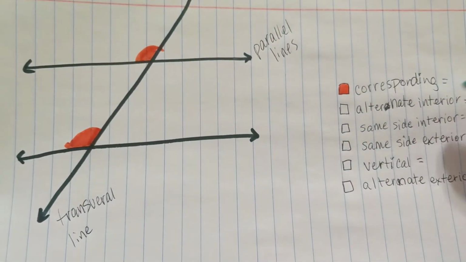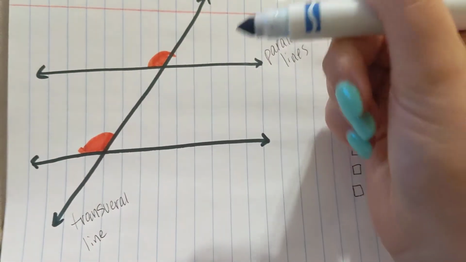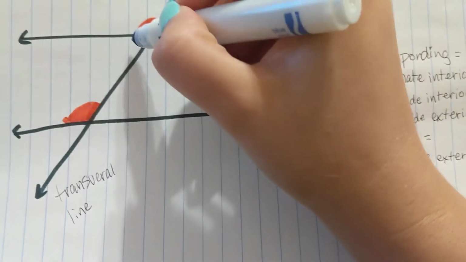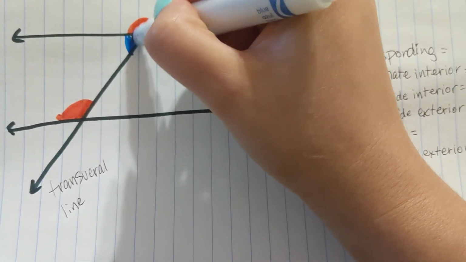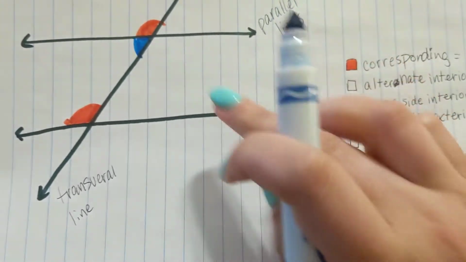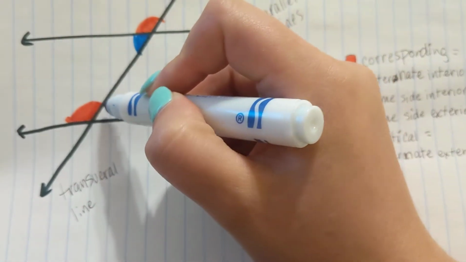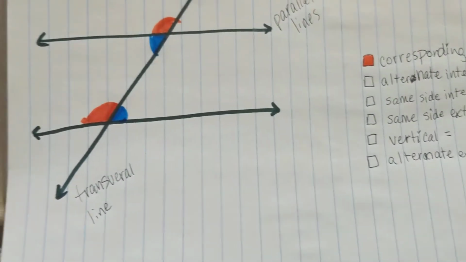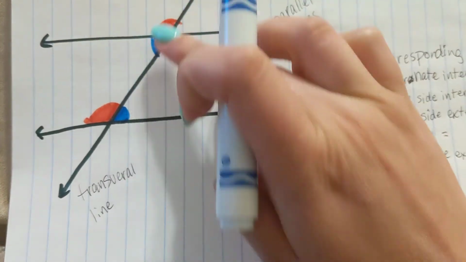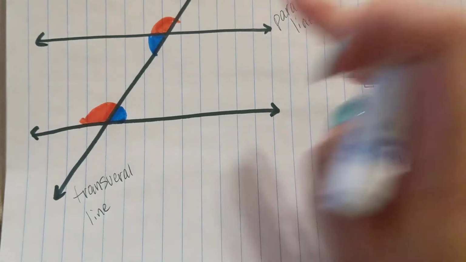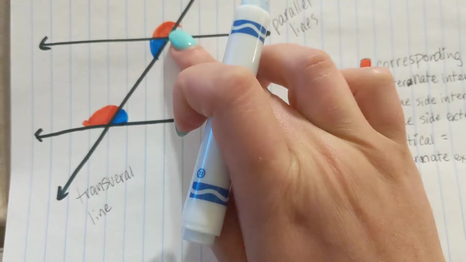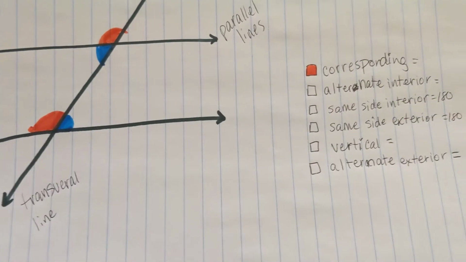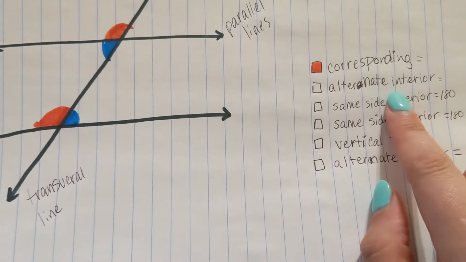So if I'm doing alternate interior, I'm going to have one right here. Now alternate means the other side, so the other one is going to be right here. So these two angles are alternate interiors. These two are alternate interior. Okay? And alternate interior angles are going to be equal to each other.